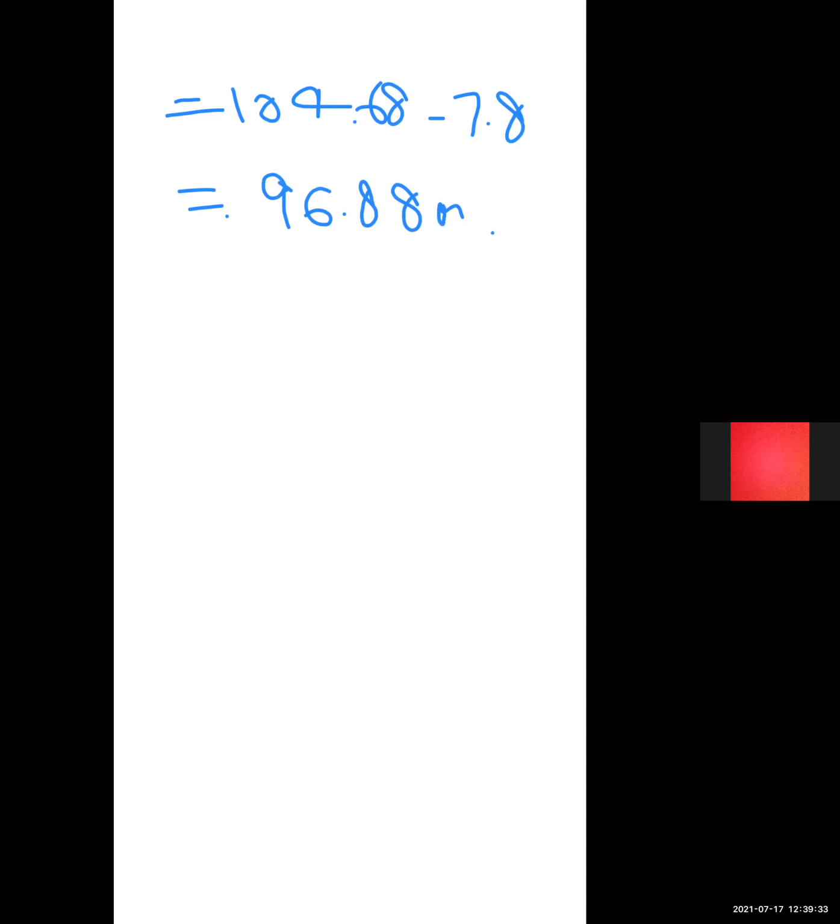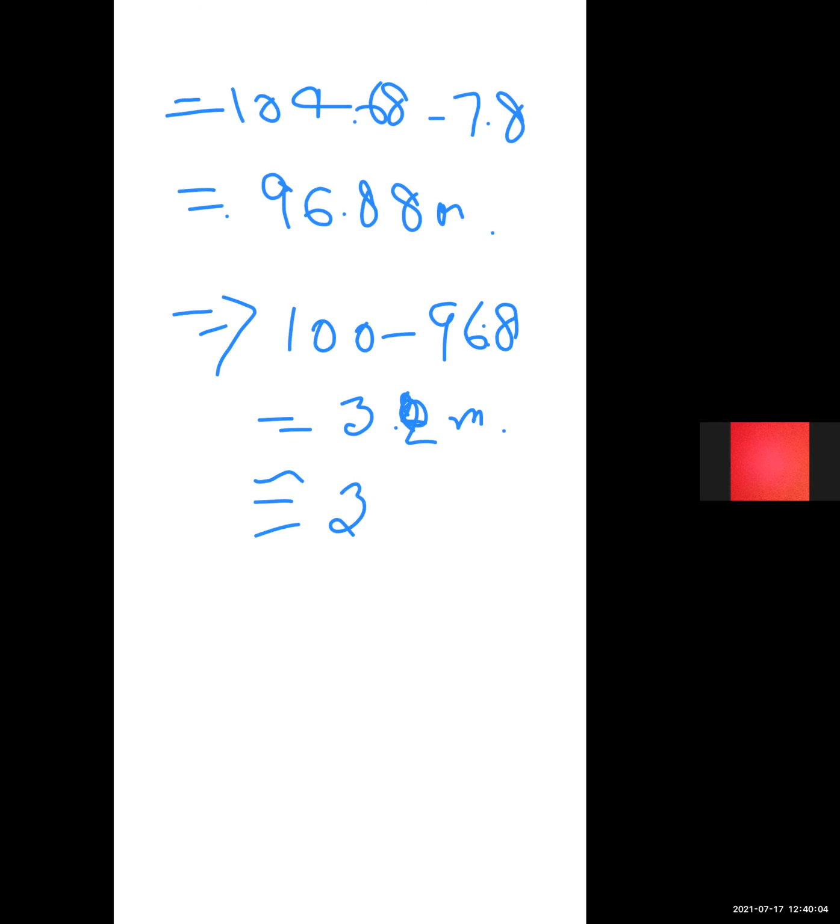So this is the level of bottom of upstream sheet pile. So provide a depth of 100 meter, then for upstream cutoff, the depth of upstream cutoff is 100 minus 96.8. So this value is 3.2 meter. Also we can say 3 meter. This is the depth of upstream cutoff.